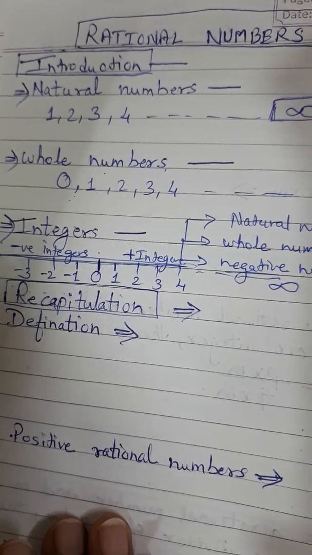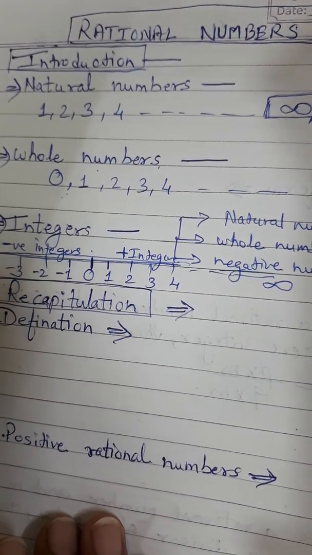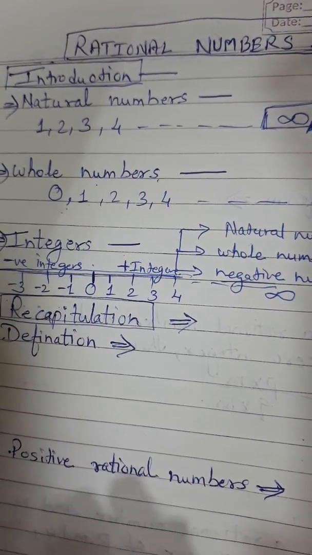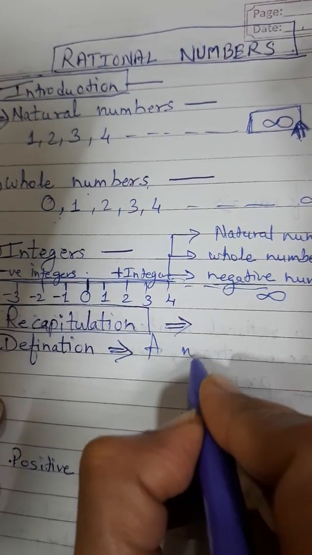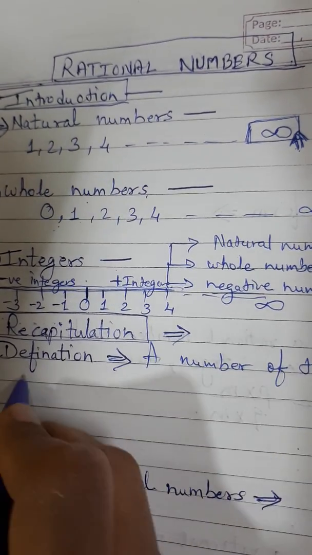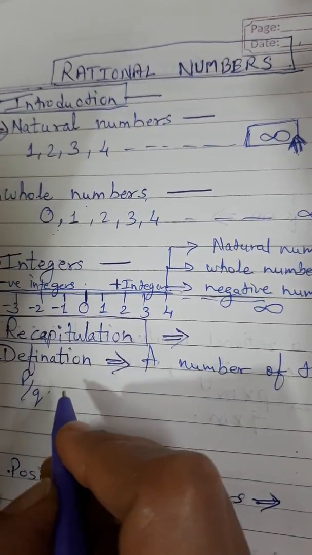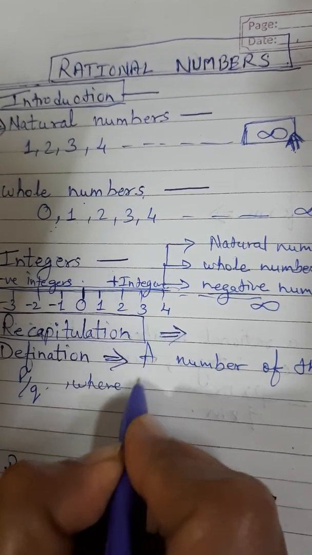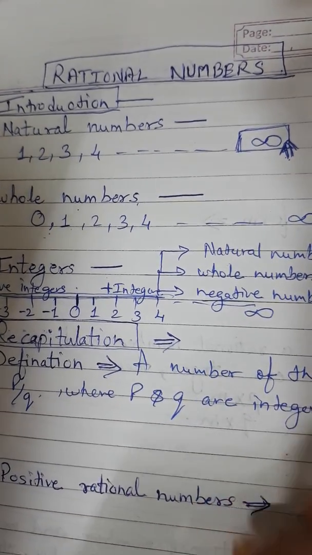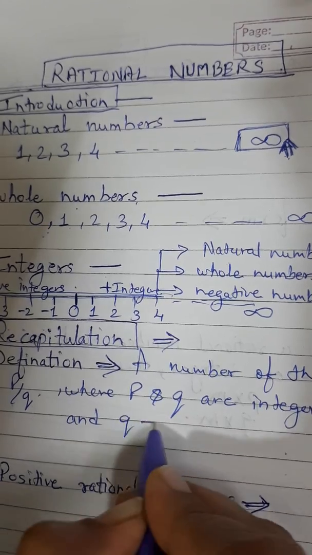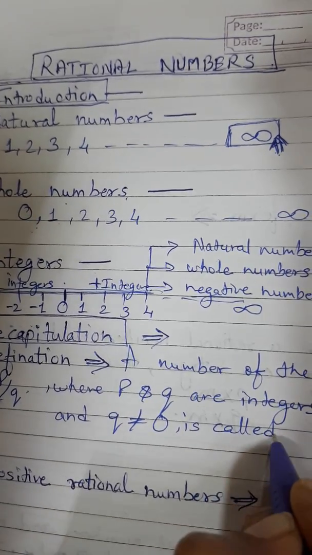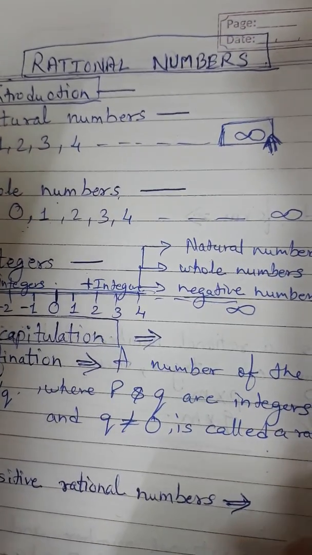Now you know the rational number definition also, but we will revise it. A number of the form P upon Q, where P and Q are integers and Q is not equal to 0, is called a rational number.